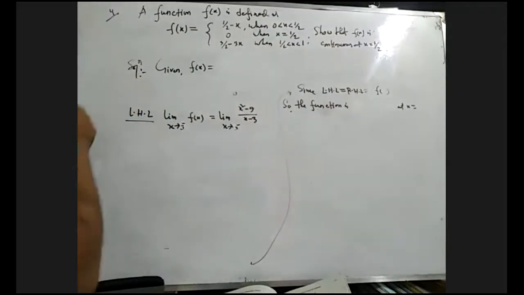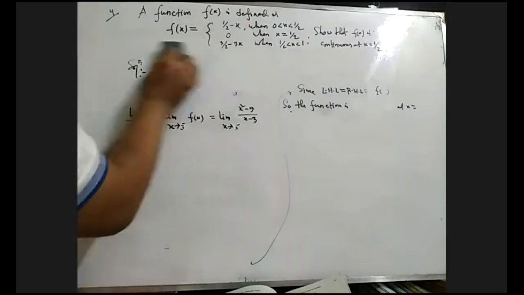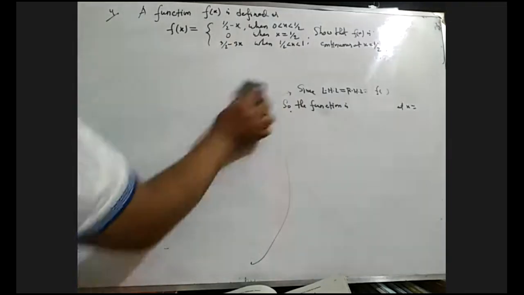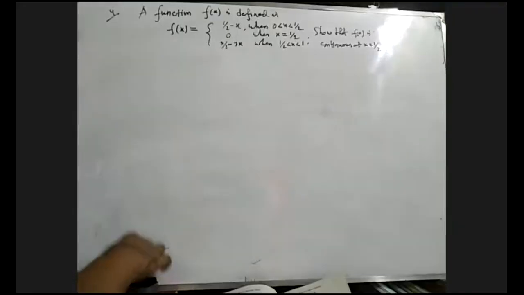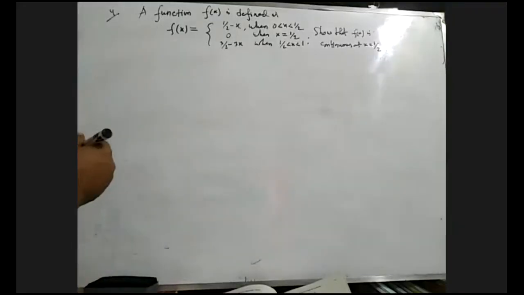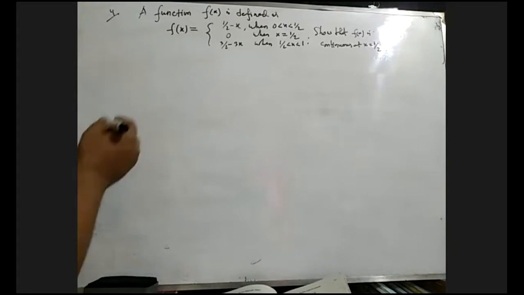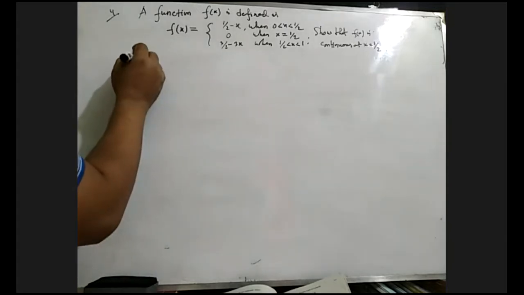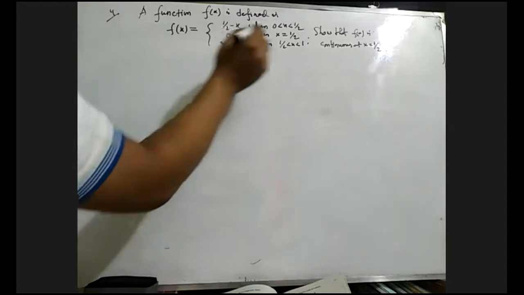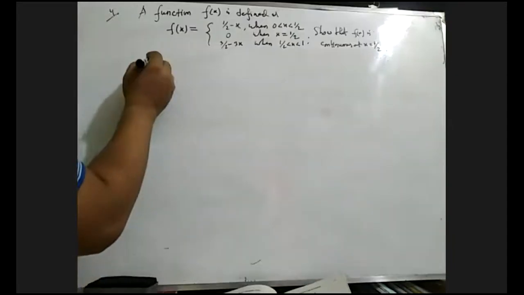So how we can solve this function? Suppose we have to find out the continuity at x equals to half.